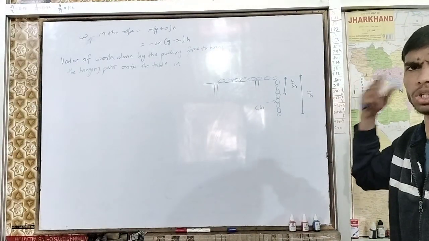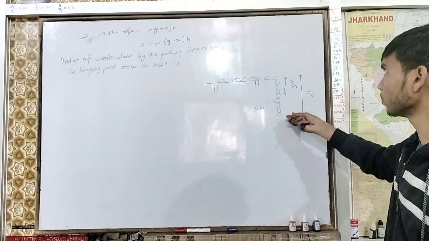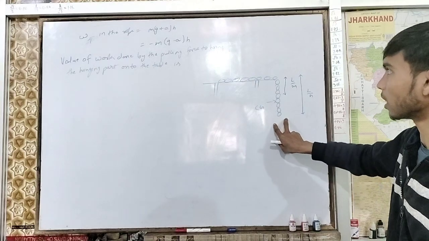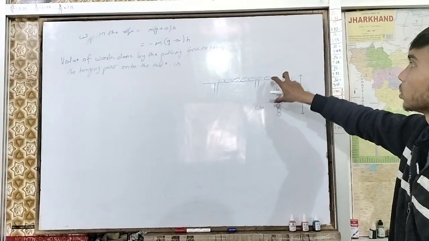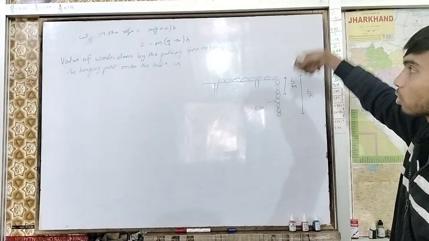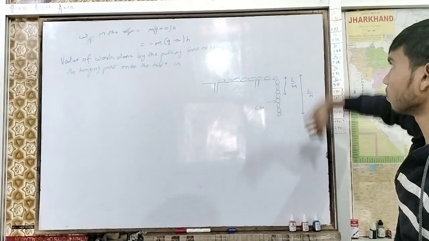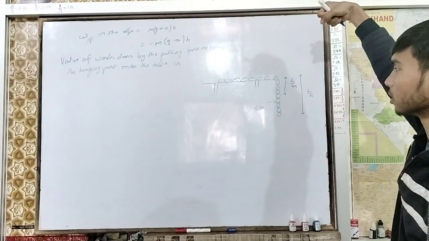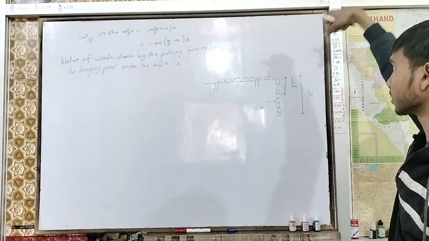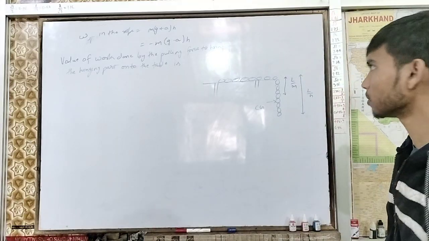Let's say you are using a rope just to bring this hanging part onto the table. How much will the work done be? Of course the force is upward, and this will be our displacement.